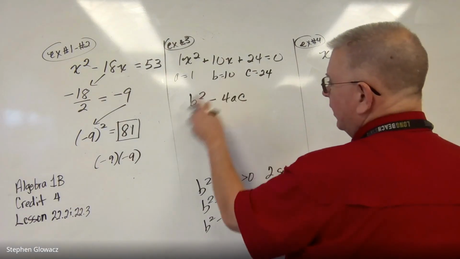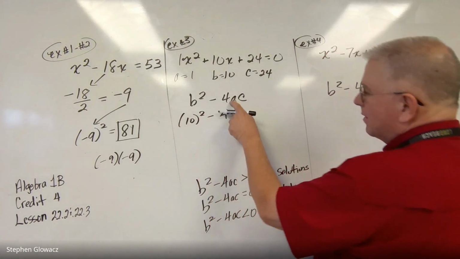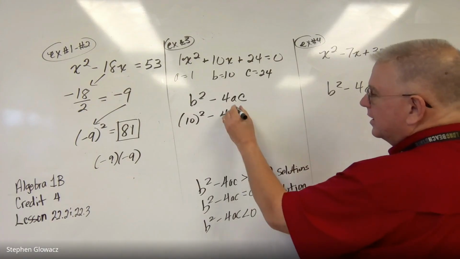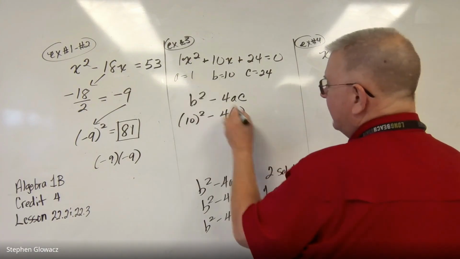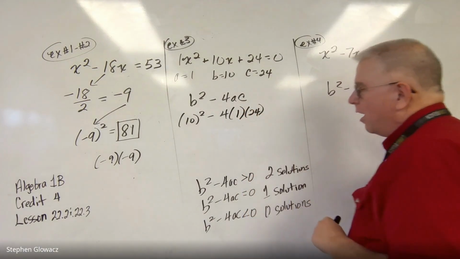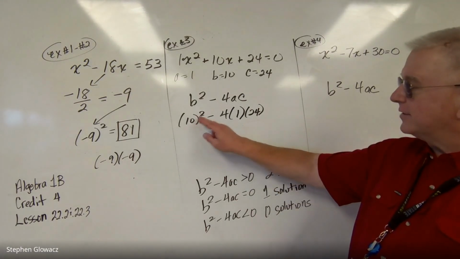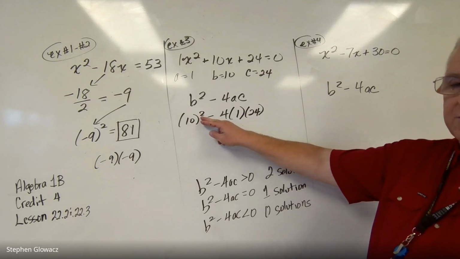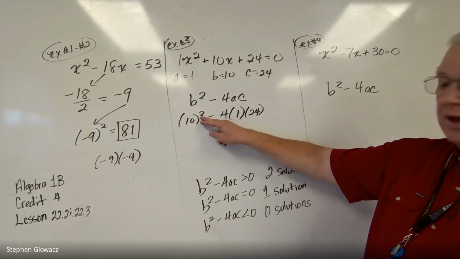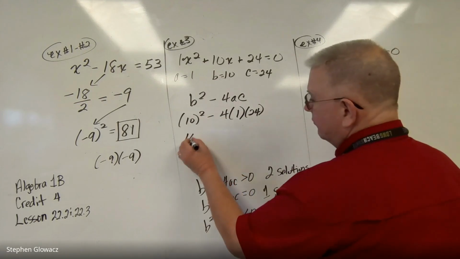We have b squared, so 10 squared minus 4. Now remember, 4 is just part of the formula. So we have 4 times a, which is 1, times c, which is 24. All right, now following the order of operations, we're going to work that out. So 10 squared, remember what squaring a number means, multiply it by itself. So 10 squared is 10 times 10, which is 100.